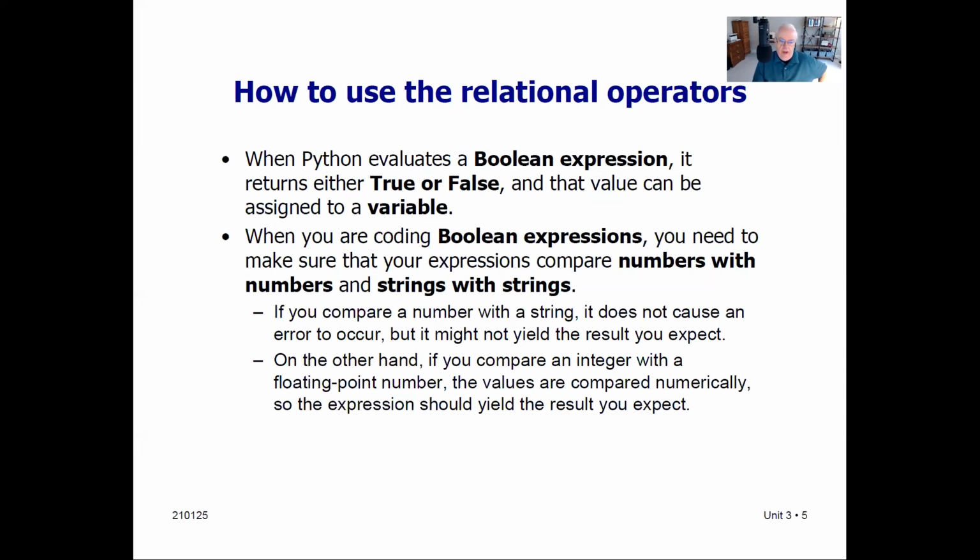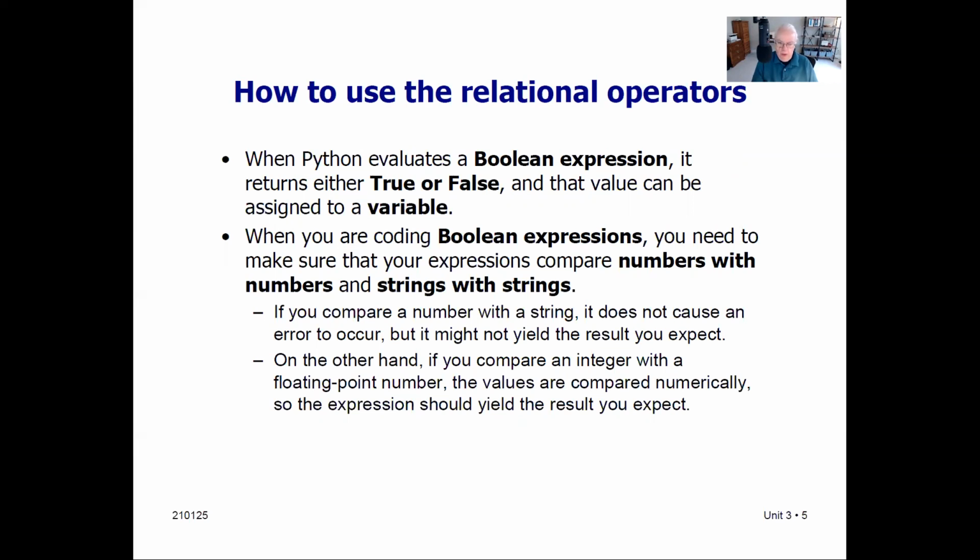When you're coding Boolean expressions, you need to make your expressions compare numbers with numbers and strings with strings. This is what I was talking about a minute ago. And this is important. If you compare a string with a number, it's not going to do exactly what you think it's going to do.